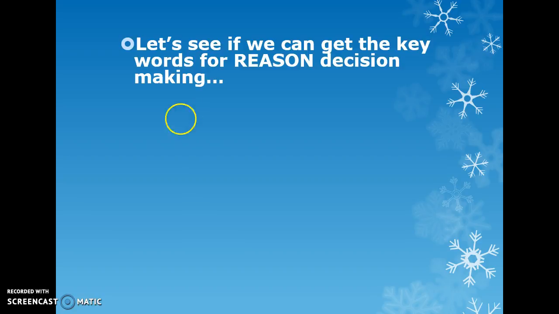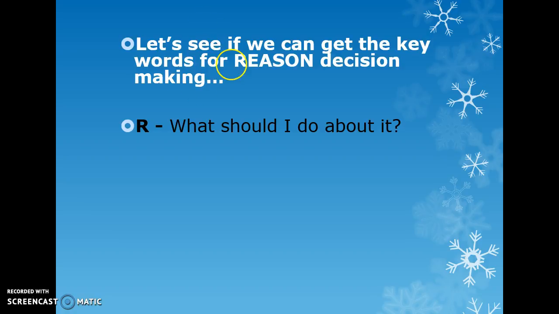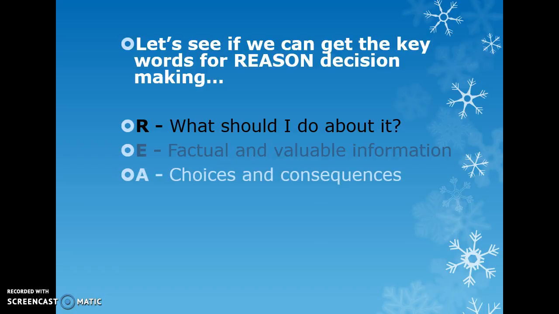And so some keywords for each of the steps would be like, what should I do about it? Okay, you have a problem. Now, what am I going to do about it? E is your factual and valuable information. So you're going to gather this information. A is our choices and consequences.